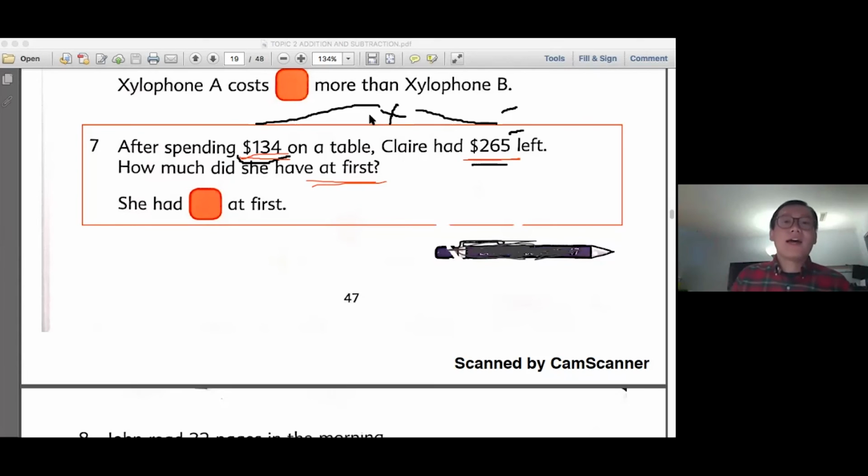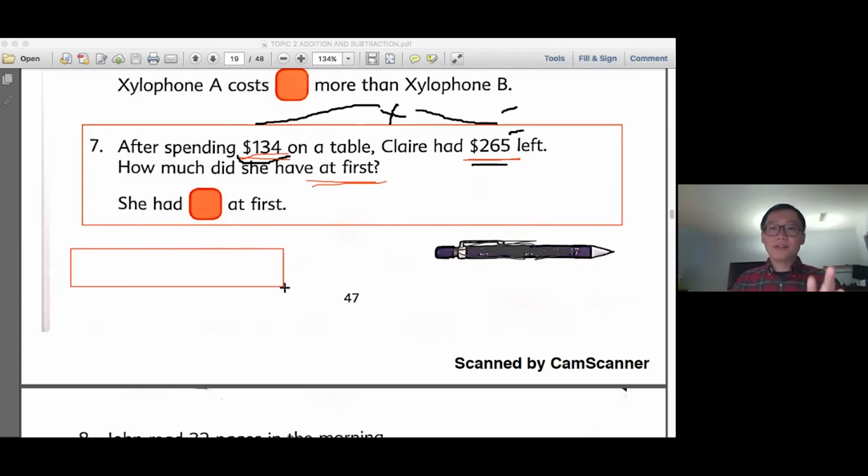Okay. As we said, we're going to use model drawings, right? Let's draw the bar that she had at first. This is the bar she had at first. All right, so let's see what happens to her money. She spent 134 on a table.